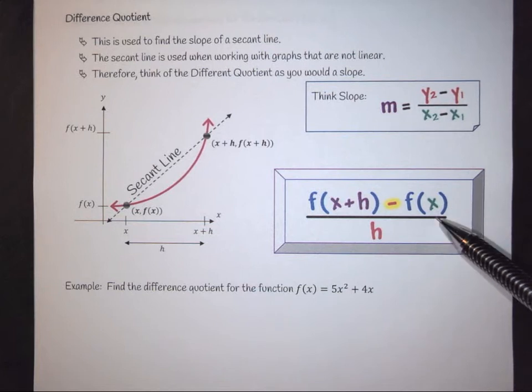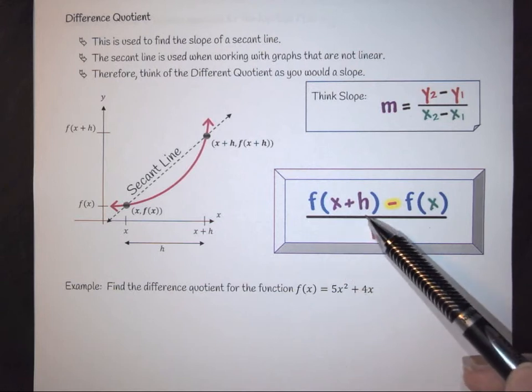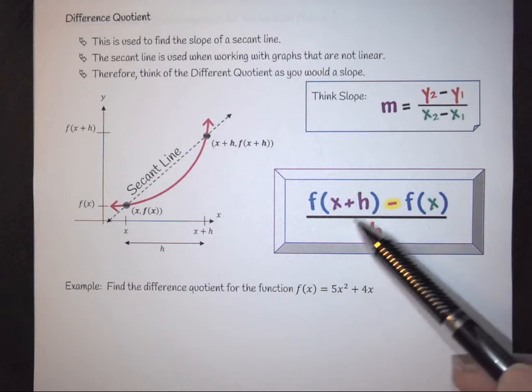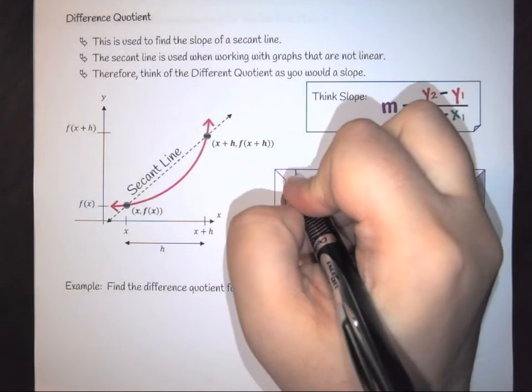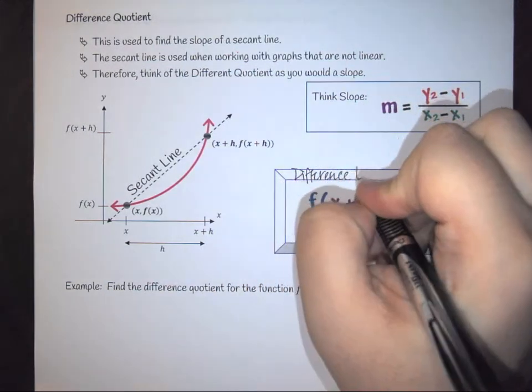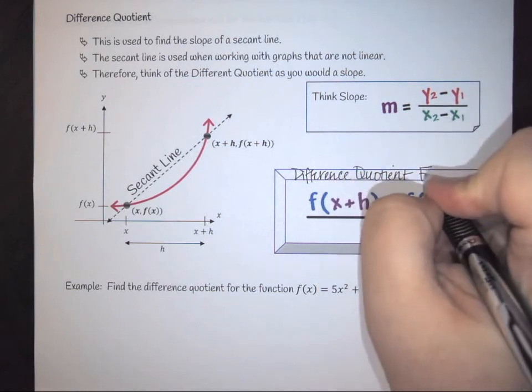Well, your difference quotient formula is going to be this here, where we have the function of x plus h minus the function at x, and then all over the h value. So this right here is the difference quotient formula.